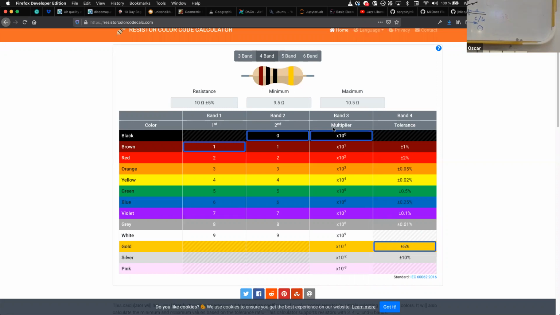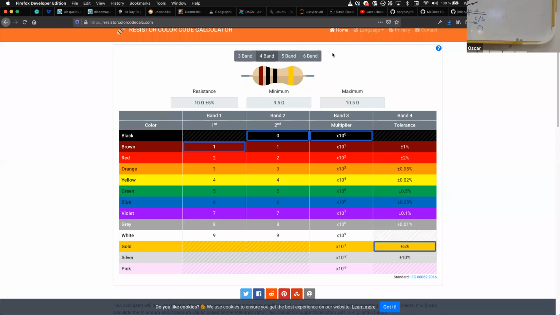They have different colors that signify different values. And there are millions of online calculators for knowing what the color code is. We'll see in electronics design that there are a lot of different formats for resistors, and some of them don't have colors, but have the number written on them. The important thing is that you should be able to identify what the value is, because that is what is going to limit the current in your circuit.